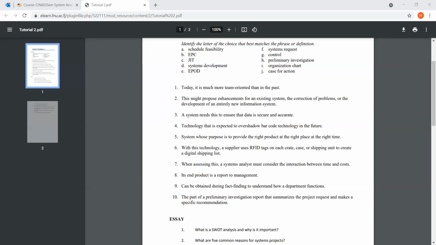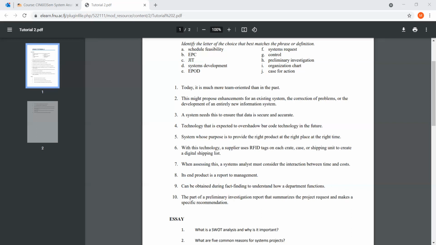Question number 9. Can be obtained during fact-finding to understand how a department functions. I, organization chart. Number 10. The part of a preliminary investigation report that summarizes the project request and makes a specific recommendation. J, case for action.